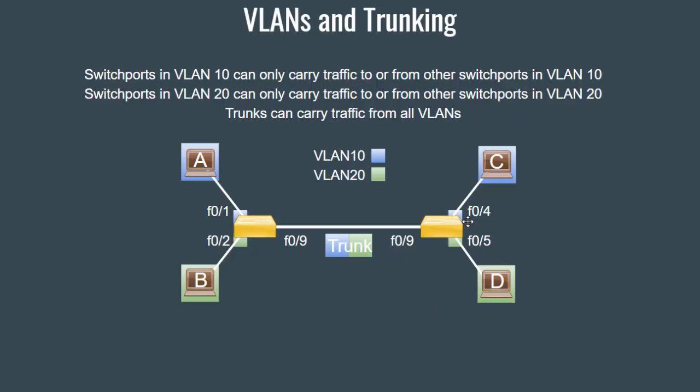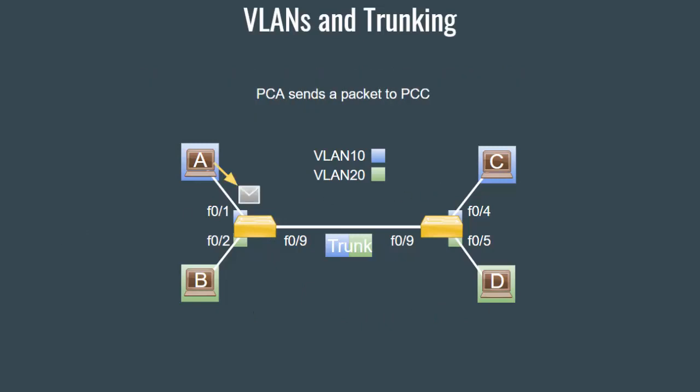So you can see port F0/4 on this switch has been configured in VLAN 10. So A can communicate with C, and that communication will go over the trunk. And the trunk is designed to carry multiple VLANs. It can carry packets from both VLAN 10 and VLAN 20. But host B can only talk to host D, and host A can only talk to host C.